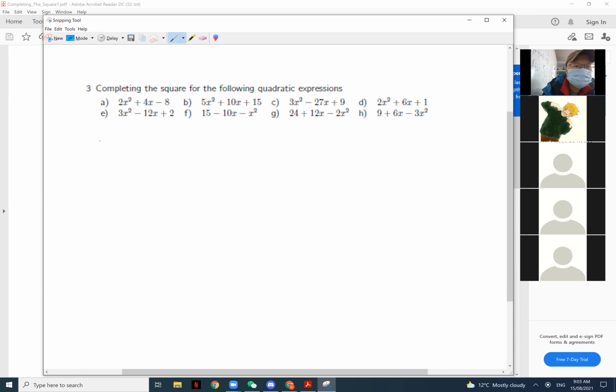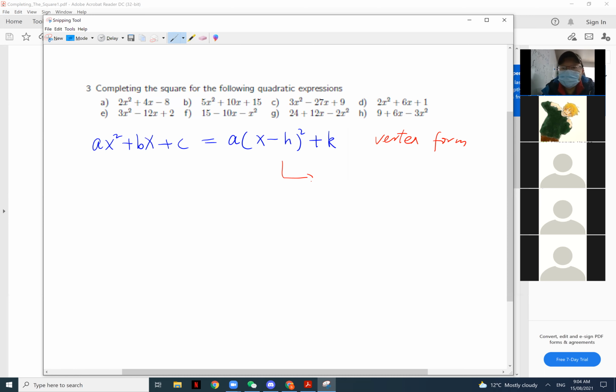So the whole idea is like this: ax squared plus bx plus c. Or sometimes we write minus. This is called the completing square form, or sometimes the vertex form, because from here, this parabola's vertex has coordinates (h, k).